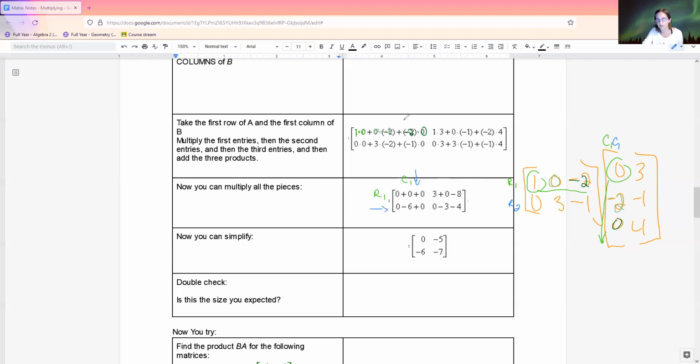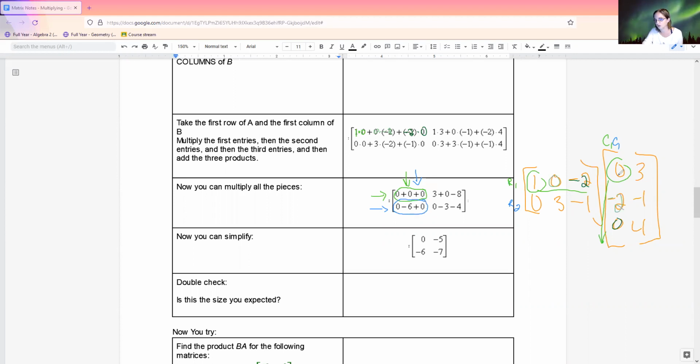I could do that with these ones as well to make it easier to see. I think this is really important. Row 1, column 1. Now I'm doing row 2, column 1 again. See how the green one goes here, and the blue one will go here.